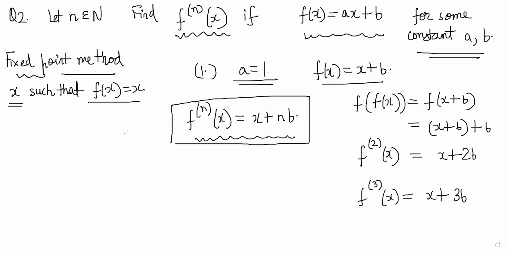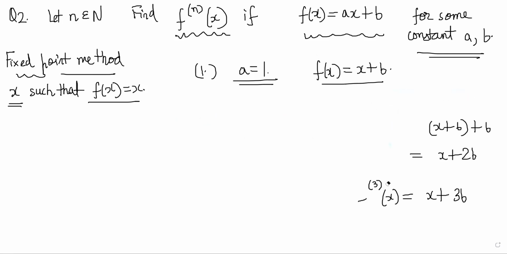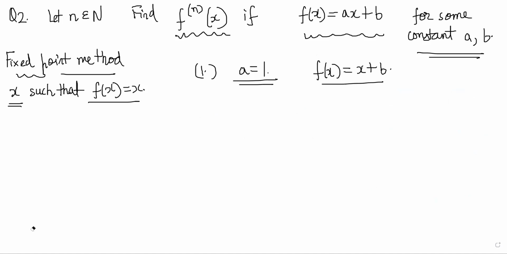Now, what about the case where a is not equal to 1? In those cases, we will use the fixed point method. So I will just do that now. What is this fixed point method? First of all, if f(x) is equal to ax plus b and a is not equal to 1, let's find the fixed point first.